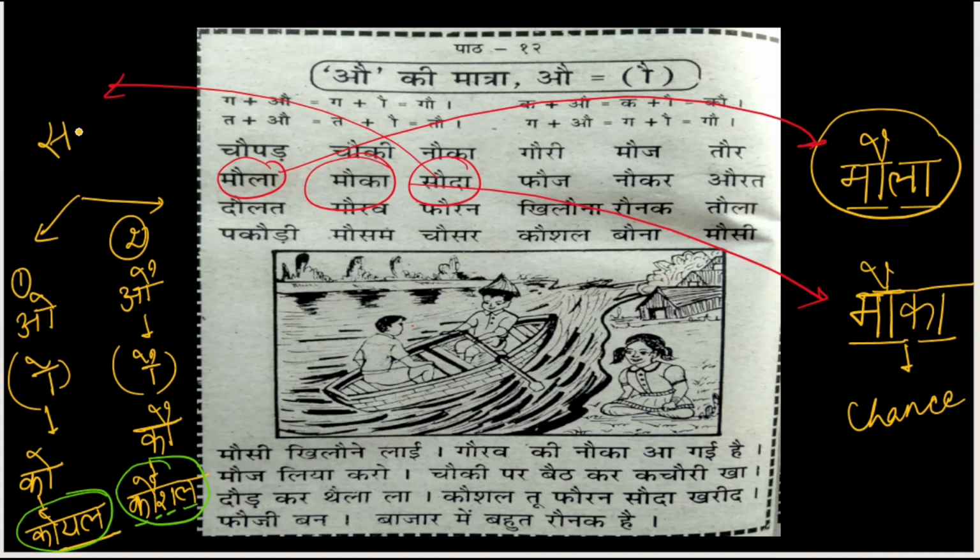This is sa and this is the matra of au and this is da and this is the matra of aa. Now it became sauda. Sa, matra of au, da, matra of aa. Sauda. Okay? It means deal.